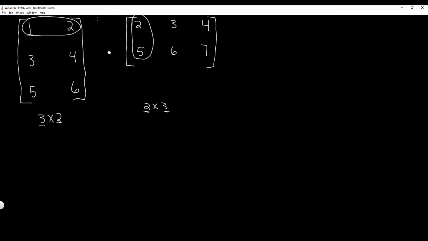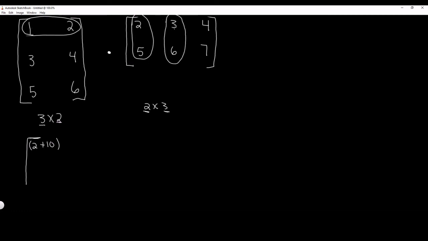So 1 times 2 is 2, plus 2 times 5 is 10. So this is going to be the first element in our matrix. Then we go back to our first row and multiply it by our second column.